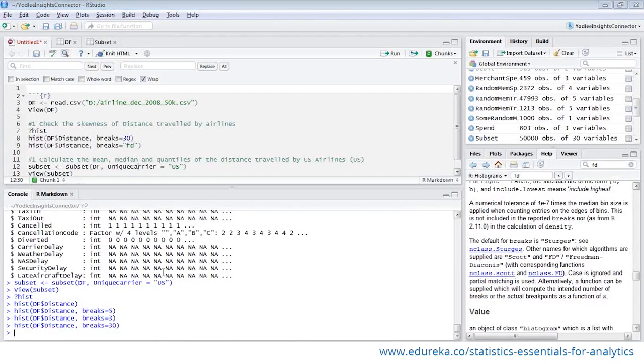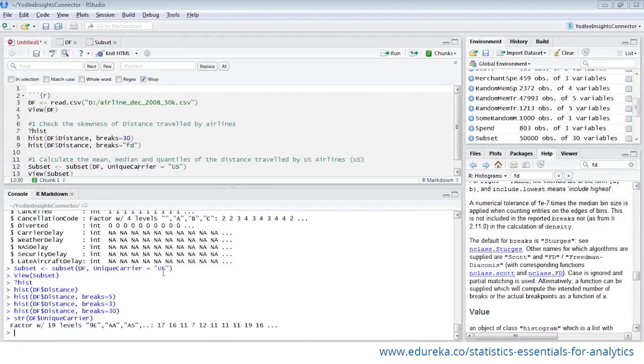All right. So let us try to solve the next problem. Okay. So there are some questions related to what's the difference between Scott and Freedman.